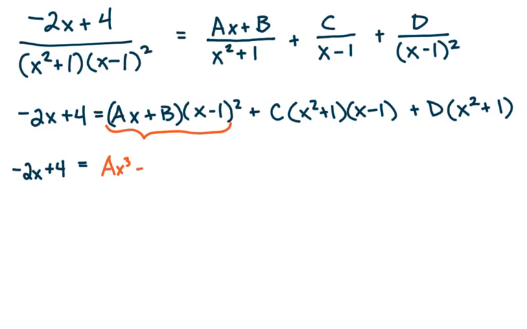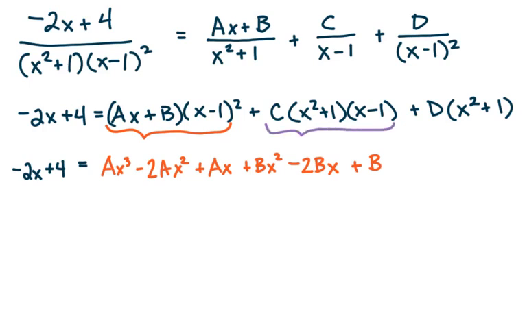Ax cubed minus 2Ax squared plus Ax plus Bx squared minus 2Bx plus B. So that was multiplying out those three linear factors.